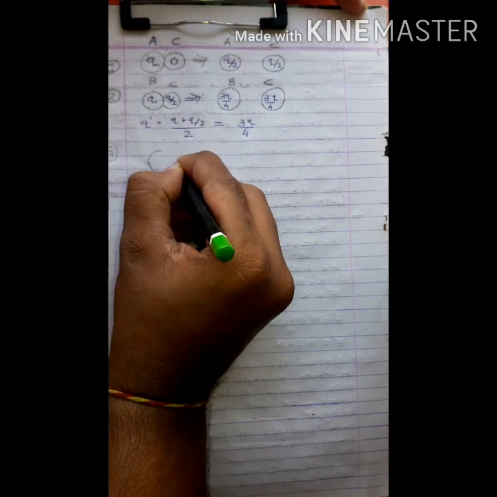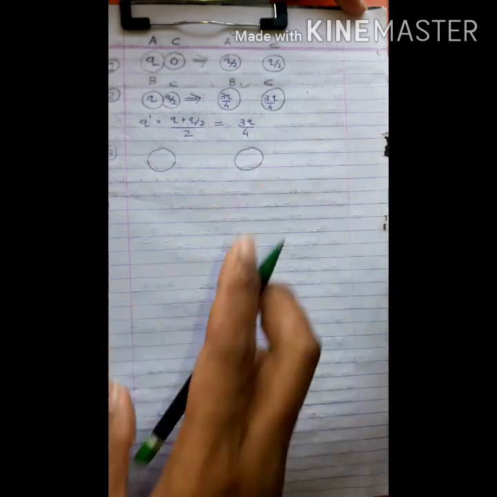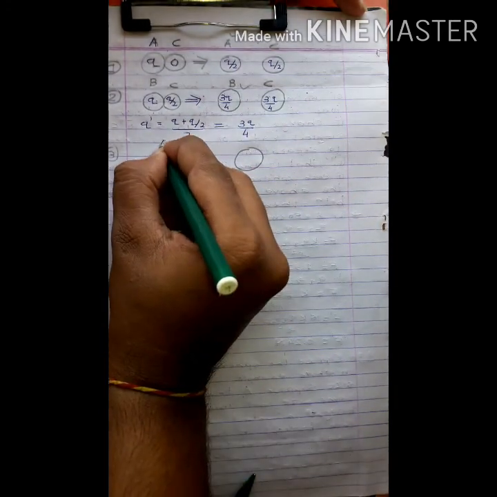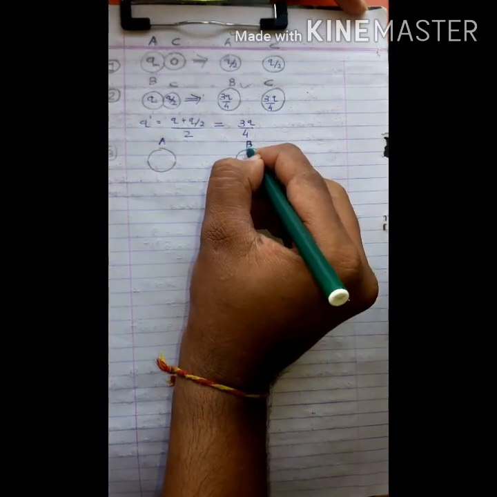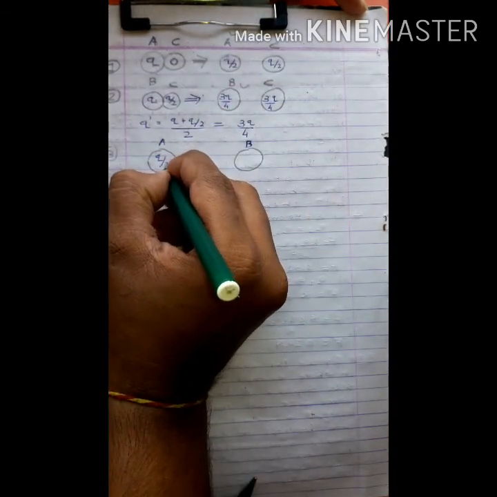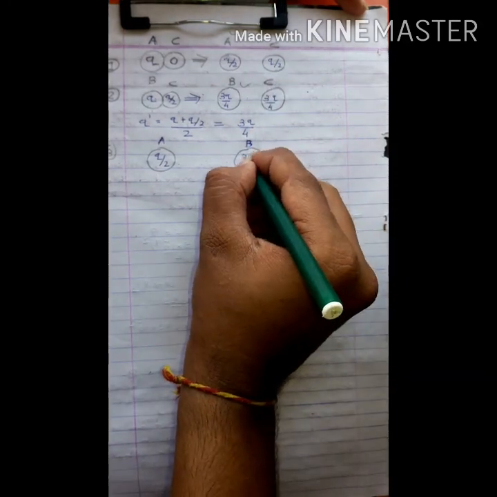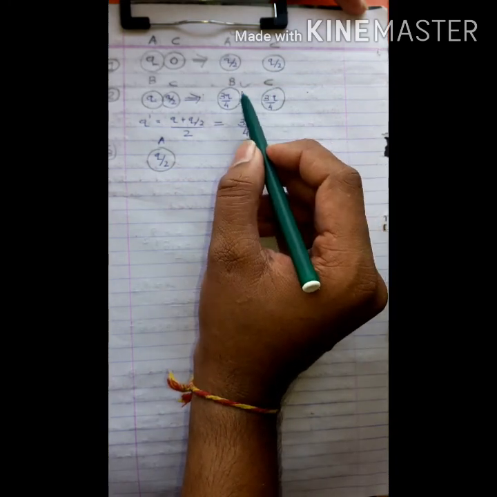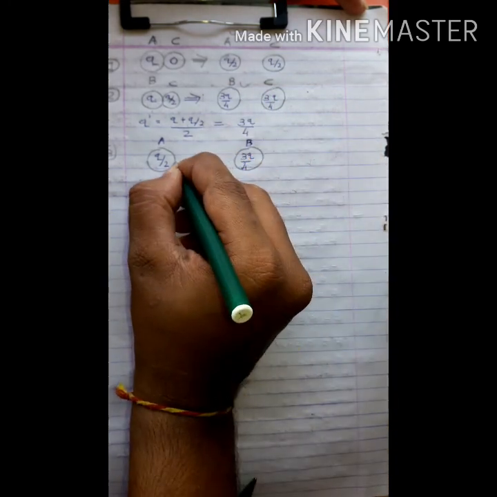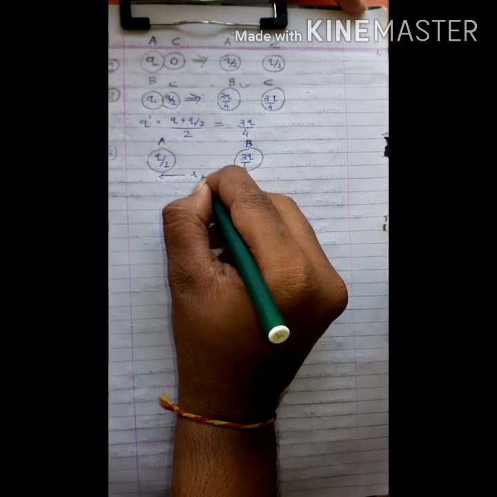So in the final situation we consider these two spheres, A and B. The charge on sphere A is q by 2, because we considered contact of sphere A with sphere C, and the charge on sphere B is 3q by 4, because we considered contact of B with C, and again the distance between these two spheres is, suppose, r.